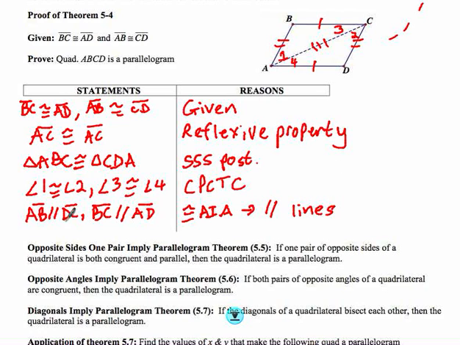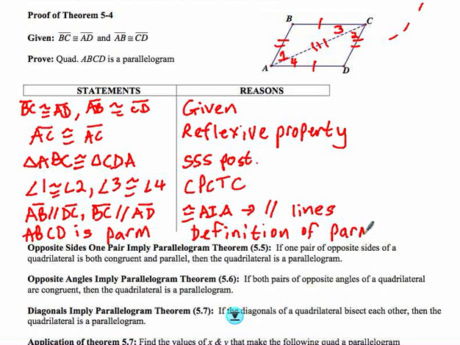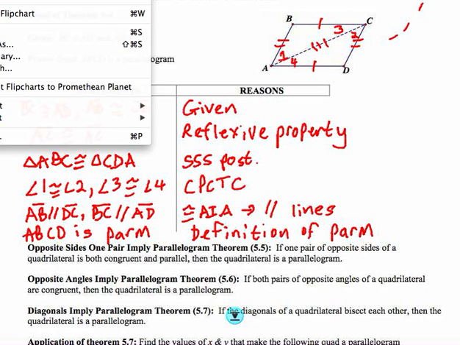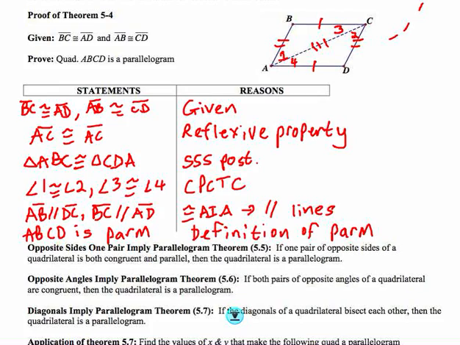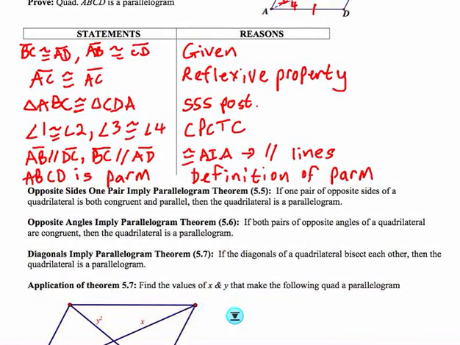Our final statement is that ABCD is a parallelogram, by virtue of the definition of a parallelogram. So now we have formally proved theorem 5.4, the converse of theorem 5.1.